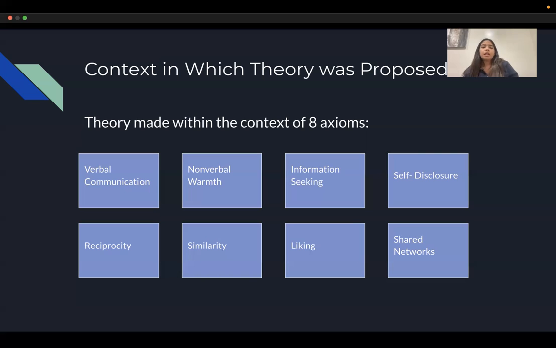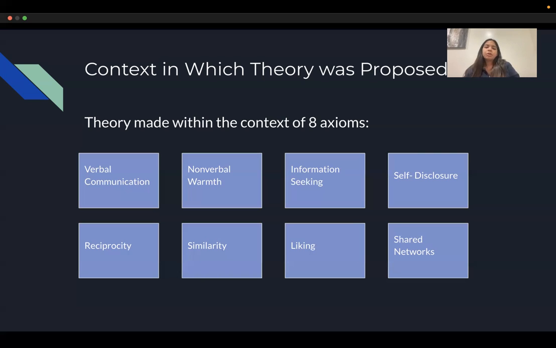Third, high levels of uncertainty cause behaviors aimed at seeking information. Fourth, high levels of uncertainty produce low levels of intimacy and communication. Low levels of uncertainty produce high levels of intimacy. Fifth, high levels of uncertainty produce high levels of reciprocity, and vice versa.